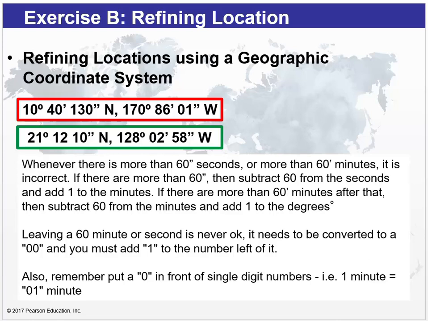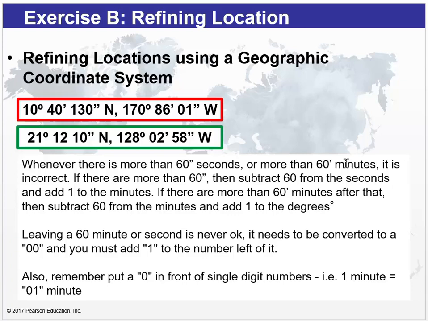So whenever there is more than 60 seconds or more than 60 minutes, it is going to be labeled as incorrect. And that's the same thing, because you wouldn't say it's 2 o'clock and 62 minutes, right? If it was 2 o'clock and 62 minutes, then it would actually be 3 o'clock and 2 minutes.